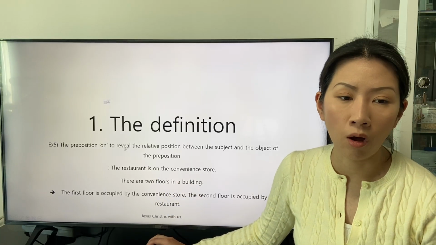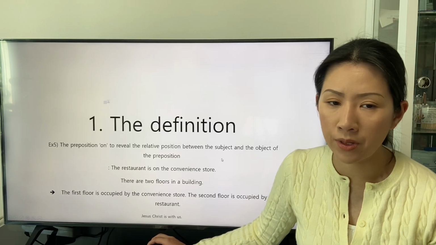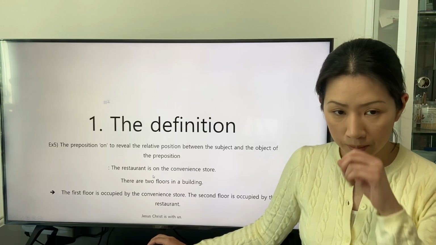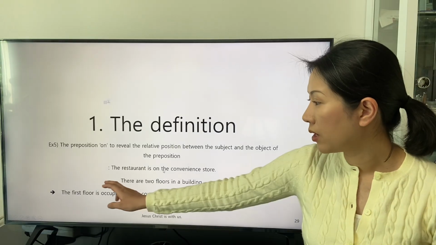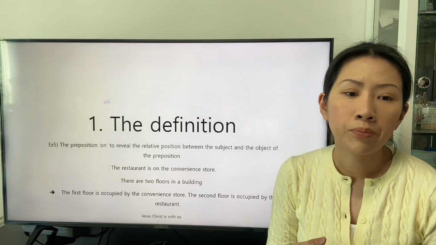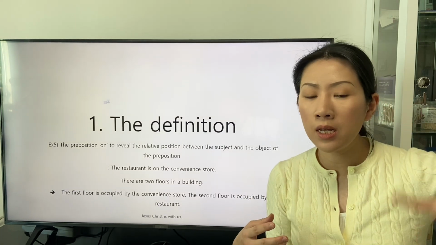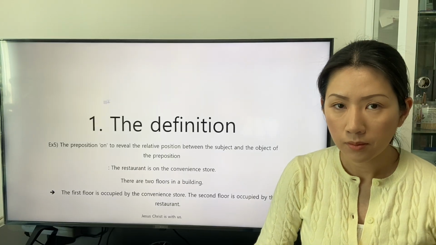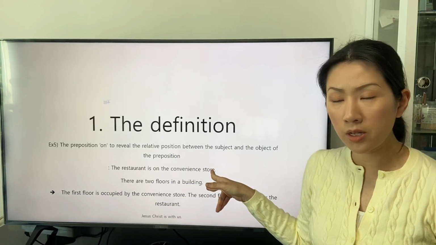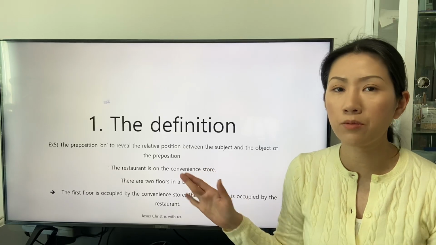The preposition on reveals the relative position between the subject and the object of the preposition. The restaurant is on the convenience store. There are 2 floors in a building. These 2 clauses are the descriptions about the background.